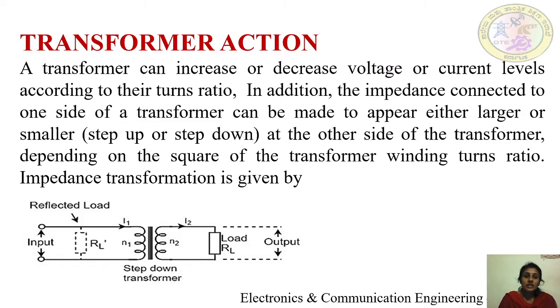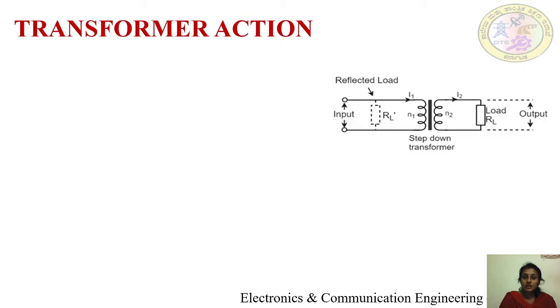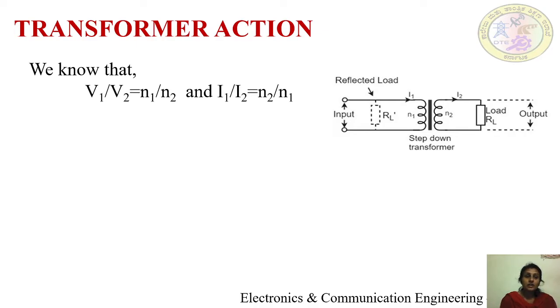So the impedance transformation is given by the following. We know that V1 by V2 is equal to N1 by N2. That is voltage transformation.